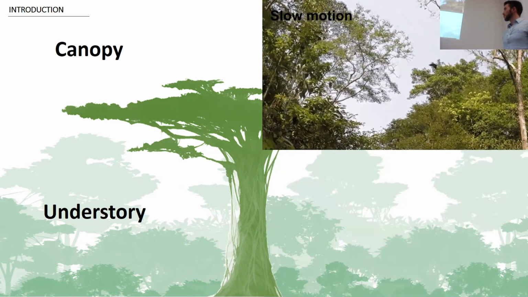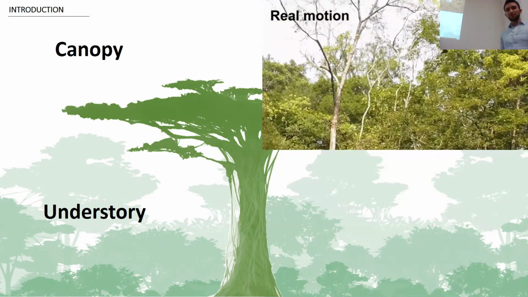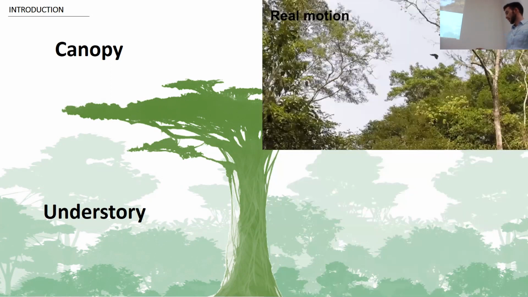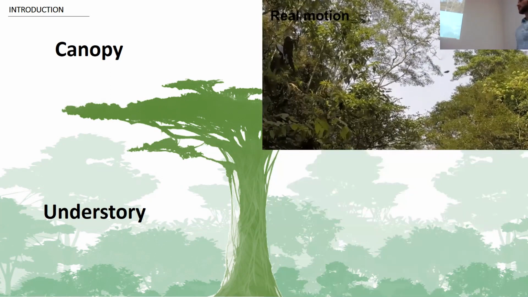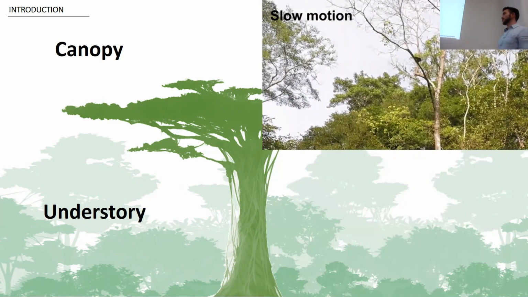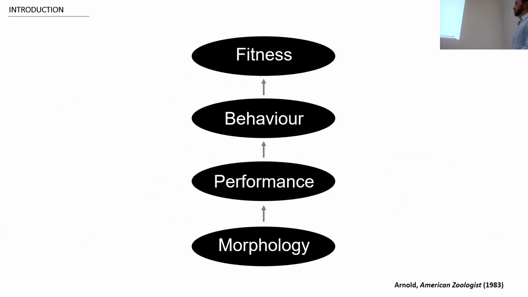But to understand how flight behavior co-evolves with morphology in these butterflies, I embraced an integrative approach that was first introduced by Arnold in the 80s. This consists in linking morphology to performance, to figure out how performance is used through natural behavior, and how behavior is actually related to fitness.